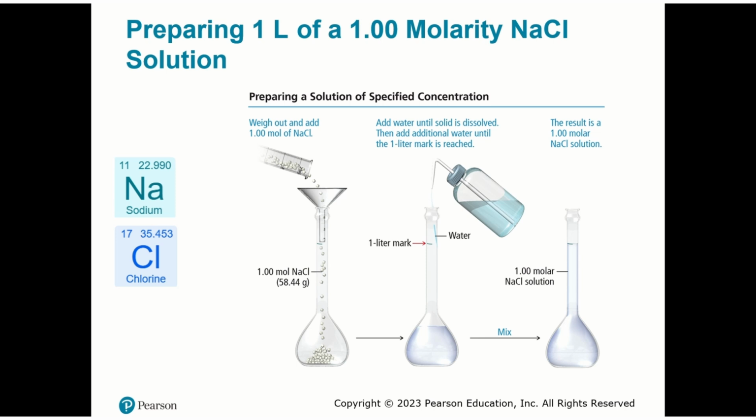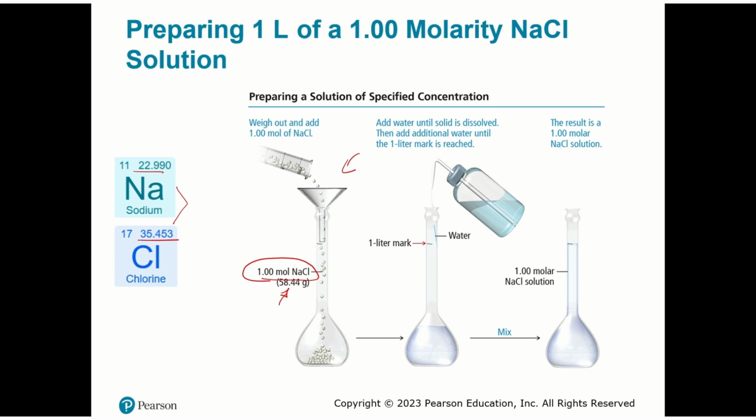To prepare a 1 molar sodium chloride solution, we measure out 1 mole of sodium chloride. To measure 1 mole in the lab, we calculate the molar mass of sodium chloride. You go to the periodic table and add the atomic masses together, and you get 58.44 grams of sodium chloride. And I'm adding it here in a flask of 1000 milliliters, or 1 liter.